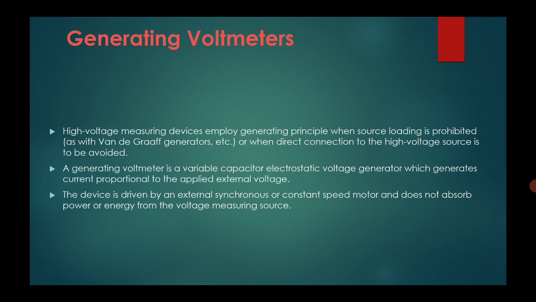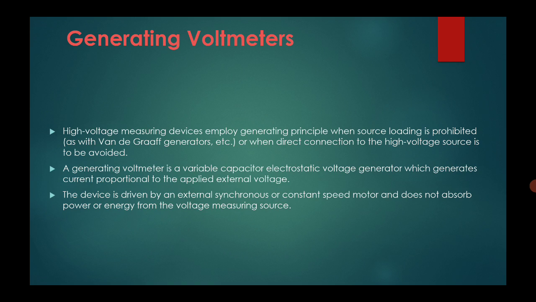The generating voltmeter is a variable capacitor electrostatic voltage generator which generates a current proportional to the external voltage. So what we have is a variable capacitor which creates voltages. There is no direct connection, rather the voltage is generated by induction of the charges.